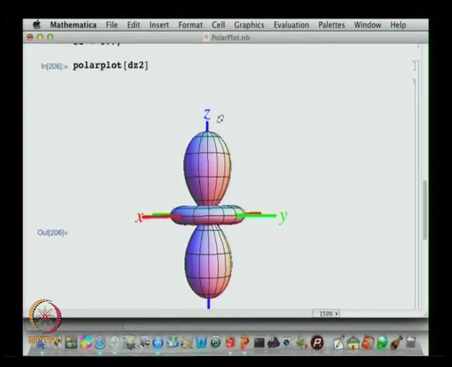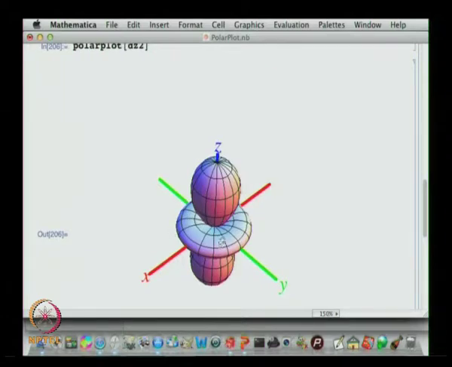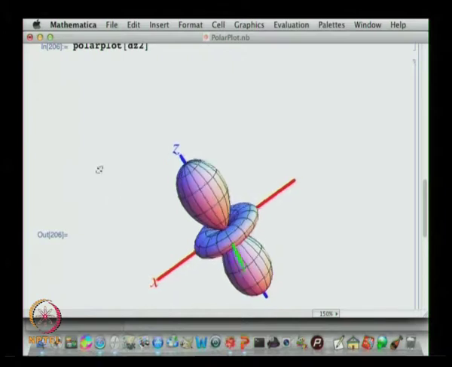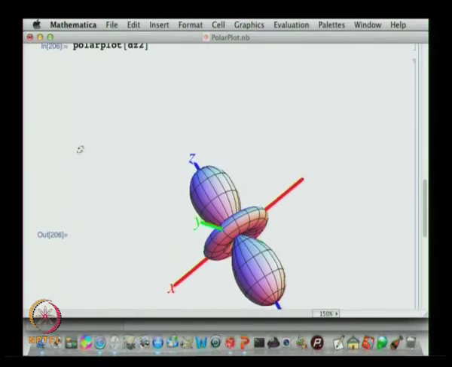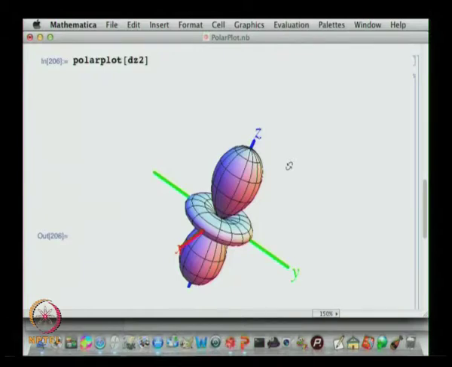See, this is how it would appear, and if you look from above, roughly that is how it looks. Okay. From any angle you can view it. So, this orbital is referred to as 3d z square.